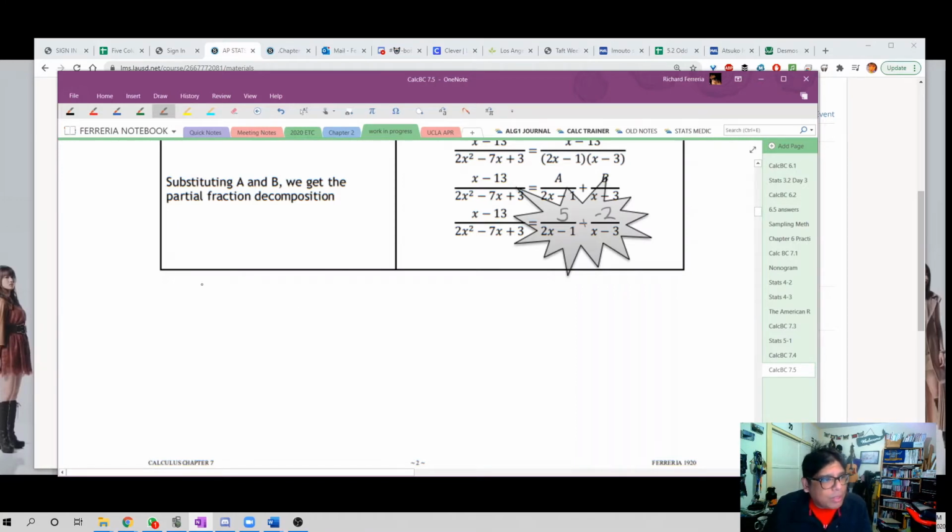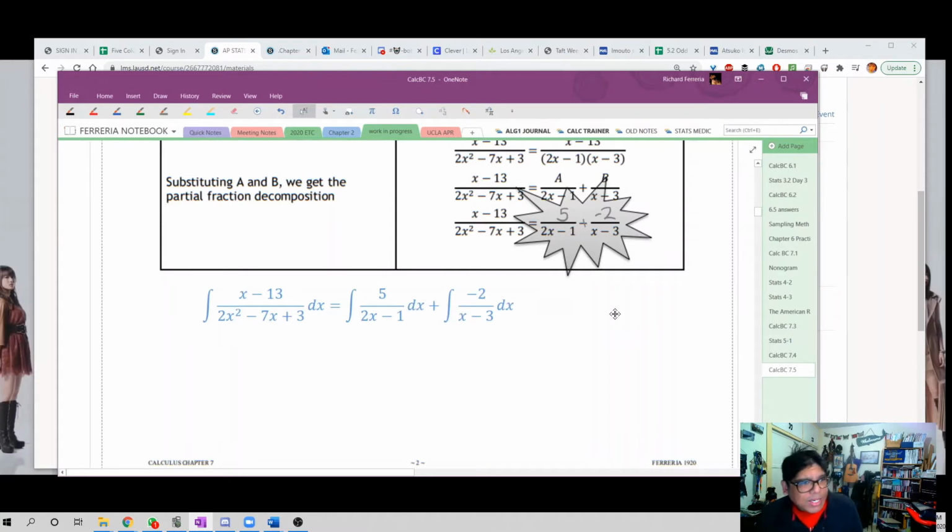And the way you use this is by saying, if I want to take an antiderivative of x minus 13 over 2x squared minus 7x plus 3, that's really the same as taking the antiderivative of the two partial fractions. Now, each of these partial fractions will be easier to integrate than our original function. So let's start by integrating our first partial fraction.